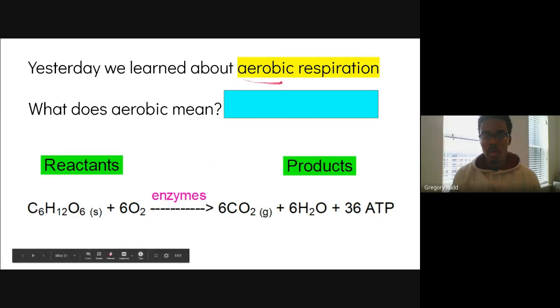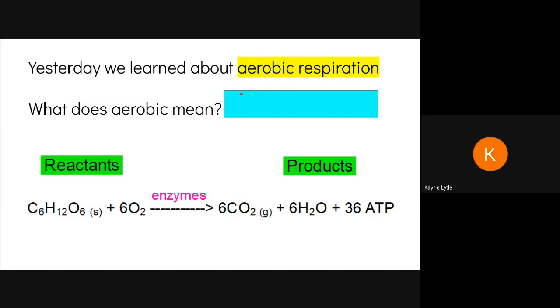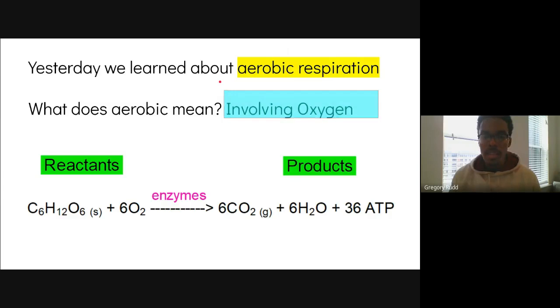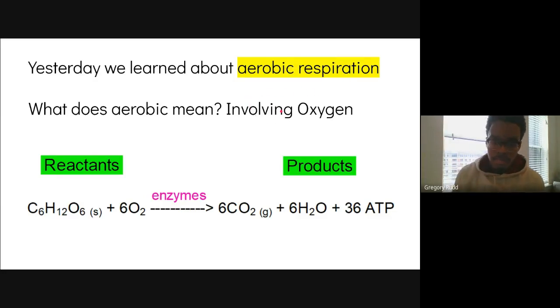Like free oxygen or something like that? Aerobic means that oxygen is involved. Good. So that means that this specific type of respiration involves oxygen.